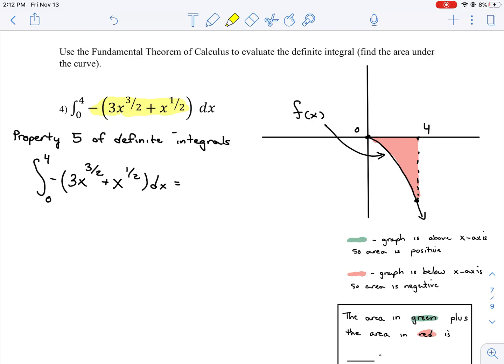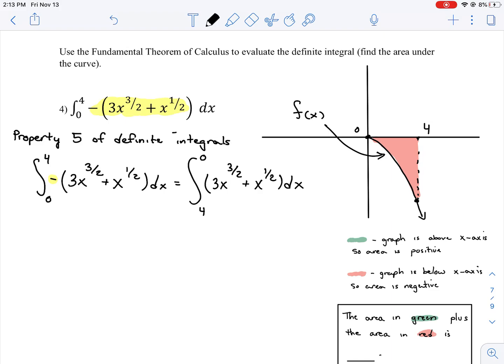And if I take the opposite of this function, which means going from negative to positive, we have to reverse the order of the limits of integration. So this is equal to the definite integral from 4 to 0 of the opposite of the original function.